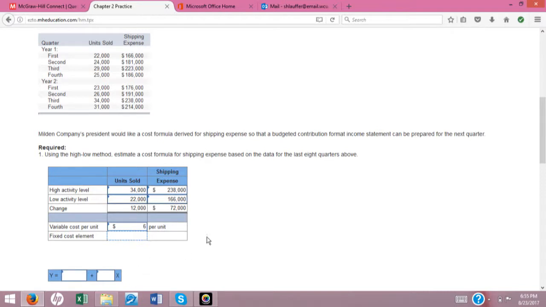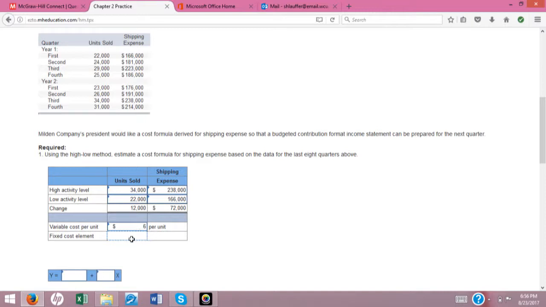Our fixed cost element is our high activity sold less our variable cost per unit at that high activity. I know that's a lot to listen to, and I wish I could write it on here, but I don't have any way to do that. So we've got our variable cost per unit.